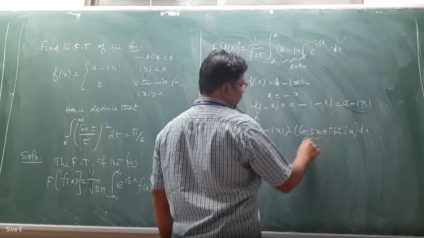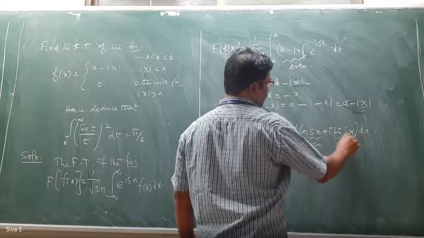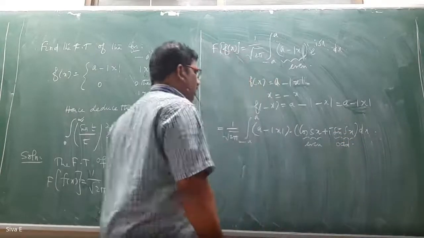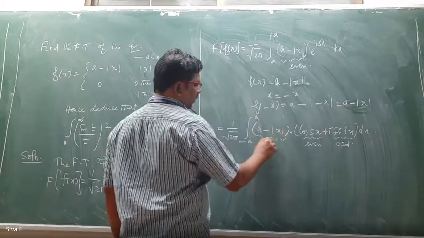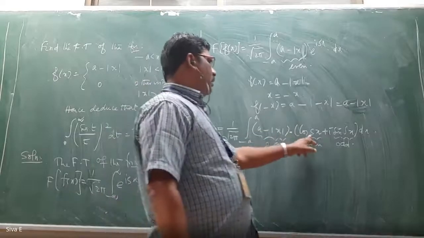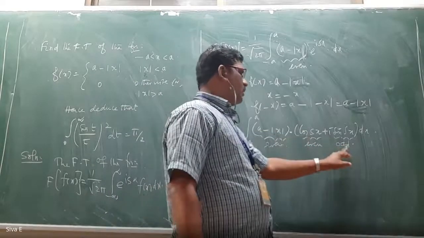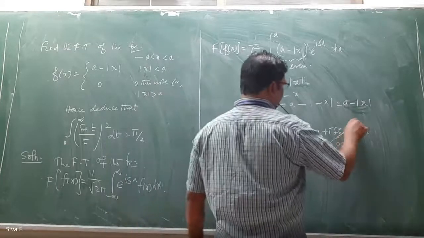The first is an even function, but sin sx is an odd function, and it is in the multiplication, so the product is an odd function. We know that even into even is even, even into odd is odd. Therefore, the second term will not appear.